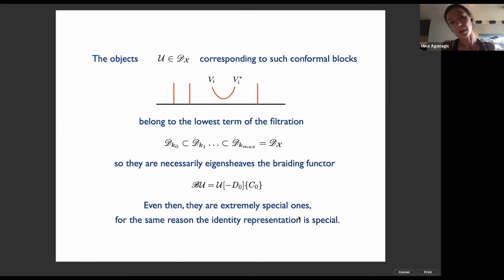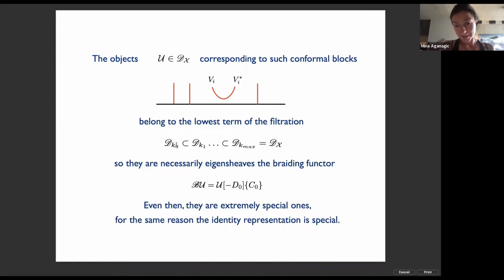The objects of the derived category that correspond to such conformal blocks necessarily belong to the lowest term in the filtration. That's the lowest, because the associated representation is the lowest representation you can get in the tensor product of V and V star. In general, any object at any other order in the filtration will mix up with objects from the lower orders.